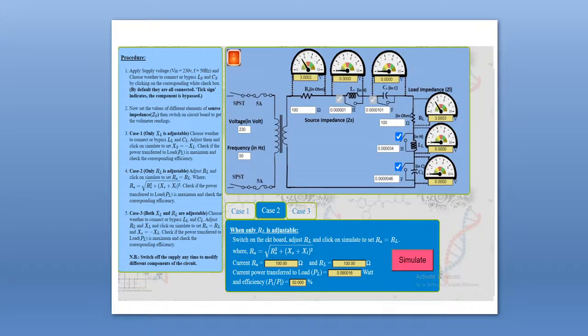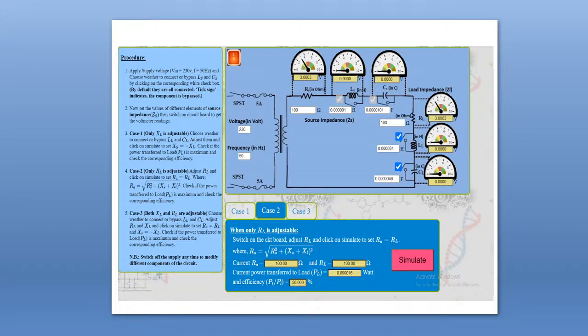After that, you bypass the inductance and capacitance values from the source side as well as the load side. So everyone, first connect the circuit, then choose the proper values of inductance, capacitance and resistance.